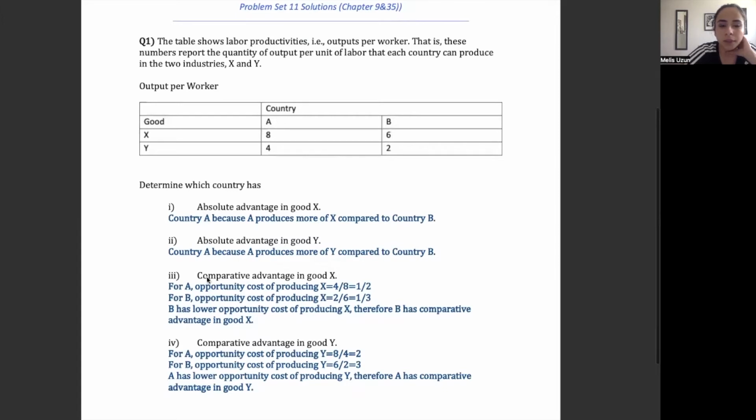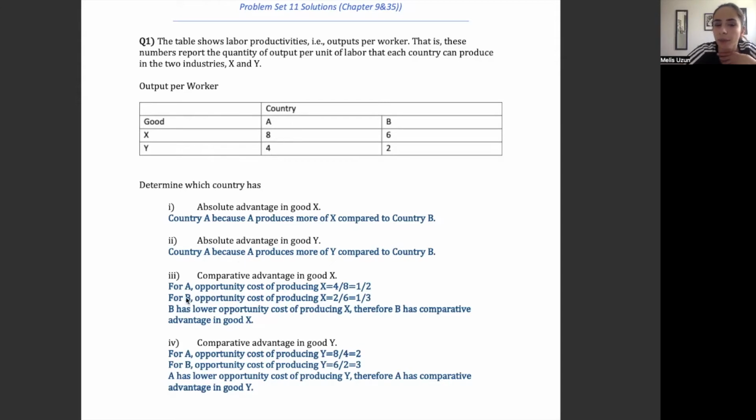The other question asks which country has a comparative advantage in good X. To determine which country has a comparative advantage, we need to look at the opportunity cost. For country A, the opportunity cost of producing X is 4 divided by 8, which is 1 divided by 2.